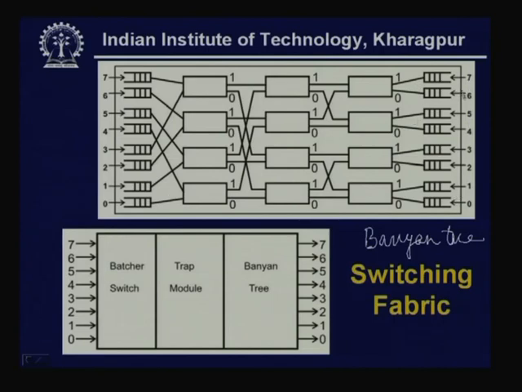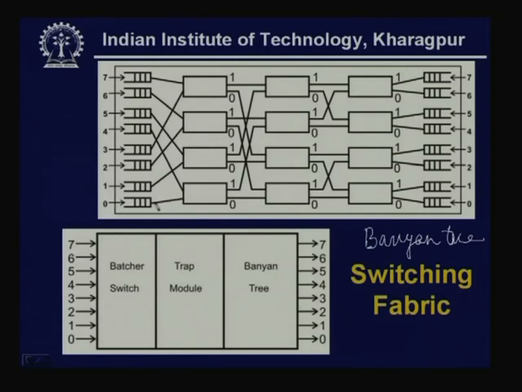These are the output lines and these are the input lines. Whenever a cell comes to 1, it can go to any one of the output lines, and it is buffered. Each line can have input and output; it has to be full duplex.